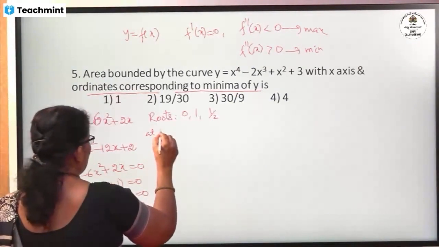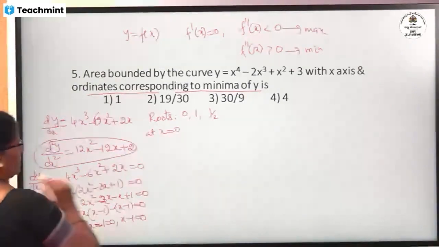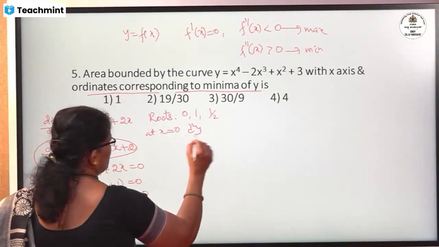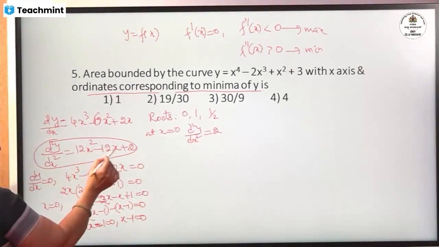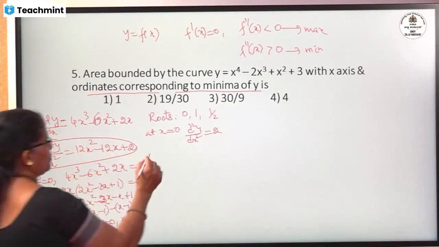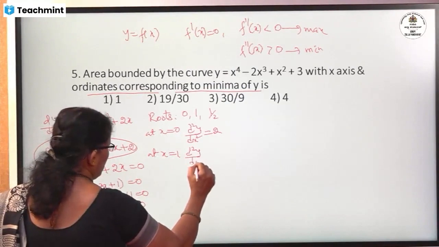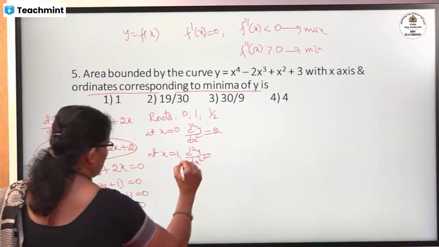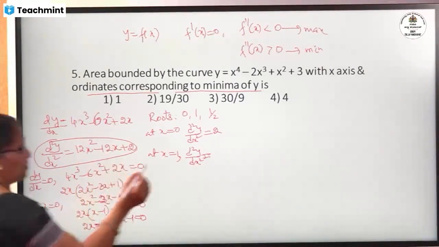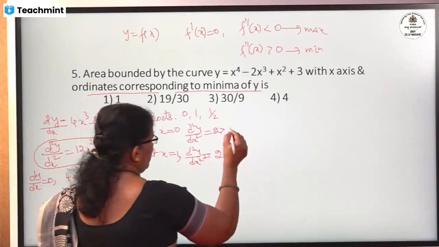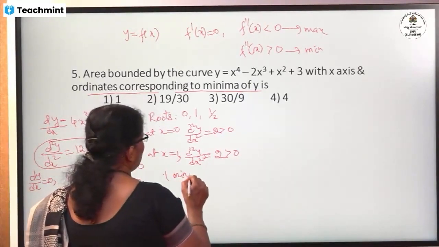Now at x = 0, what is your second derivative? Can you see that this is 0, this is 0, so what you get is 2. At x = 1, what is your second derivative? This will be 12 minus 12, that gets cancelled, so what remains is 2. So this is positive, this is positive. So minima corresponds to what?